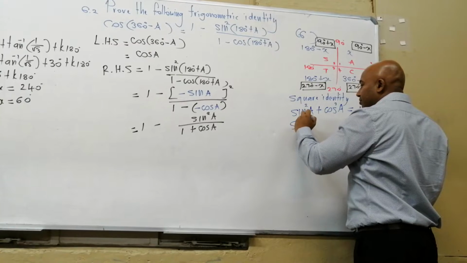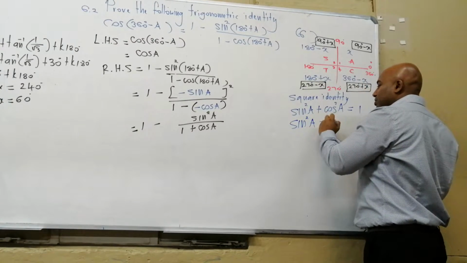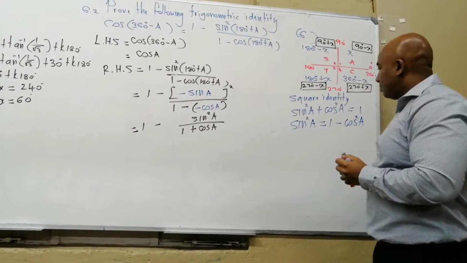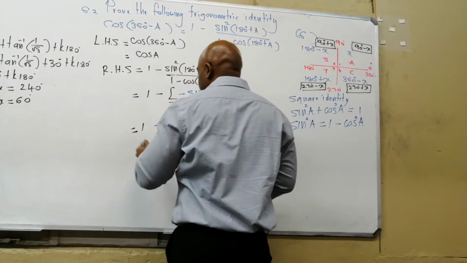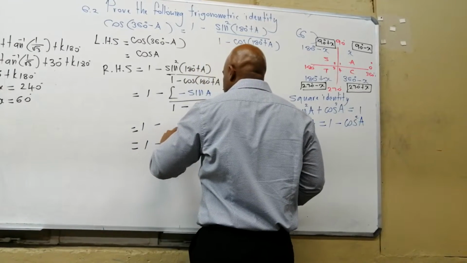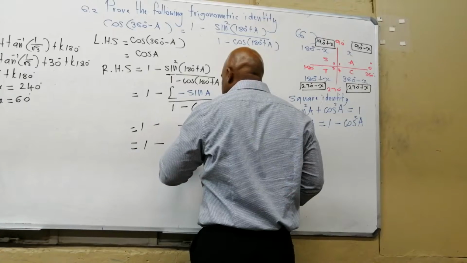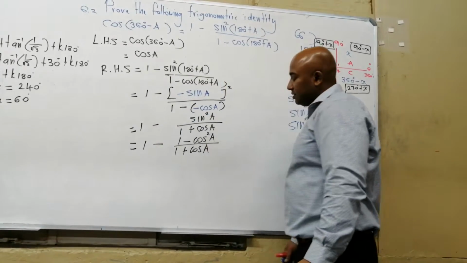So sine squared A is equal to 1 minus cos squared A. So that's exactly what I'm going to do now. So therefore, 1 minus cos squared A all divided by 1 plus cos A.